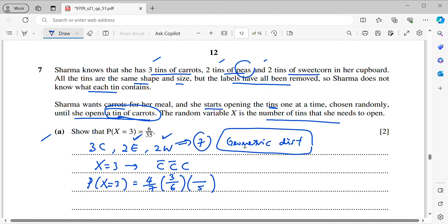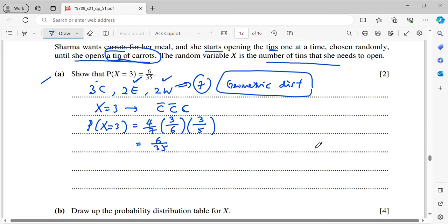And now this tin must be carrot, which means that there will be 3 carrot tins here. So this will be the probability, and now when you simplify, this is going to be 6 over 35. Okay, so this is how we prove the probability.